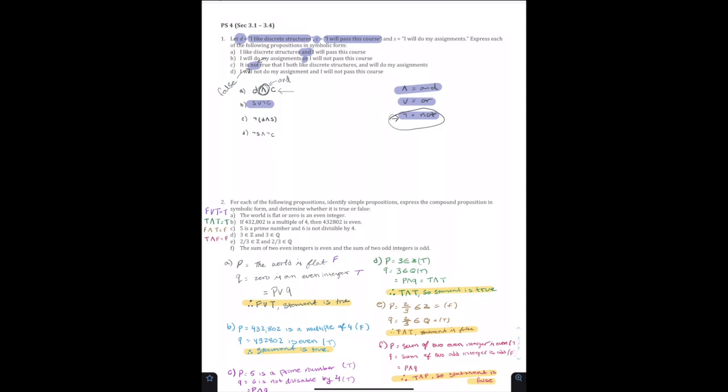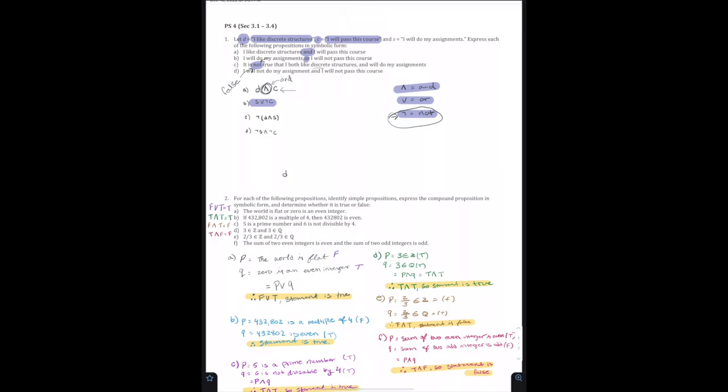So we take it apart. I like discrete math is D, as we can see here, and I will do my assignments is S. So it's D and S, right? And how do we say the statement is not true? By adding a negation. So it will say not this and not this.